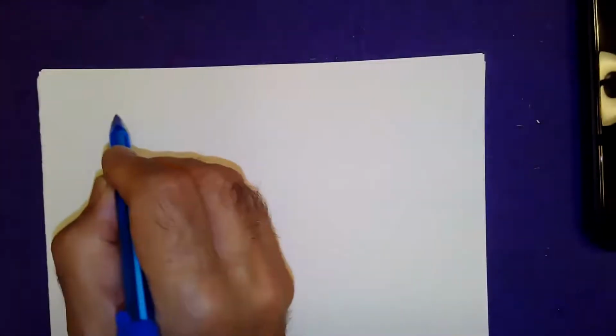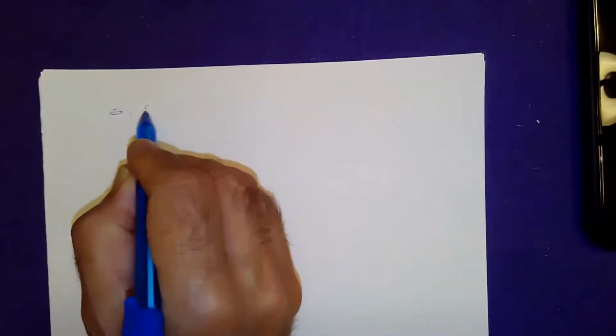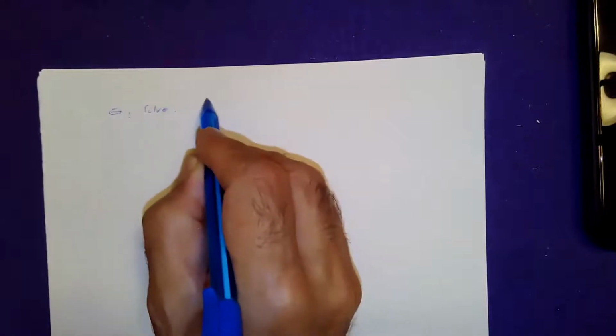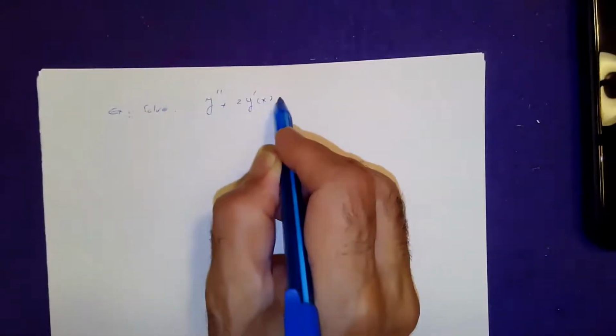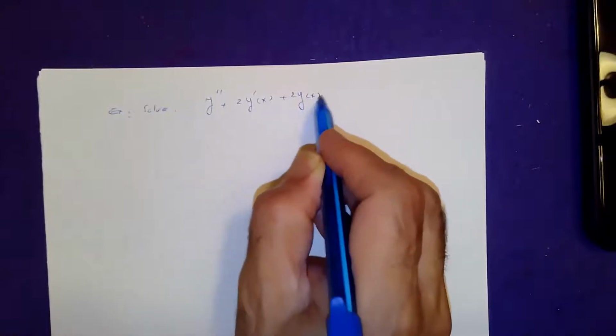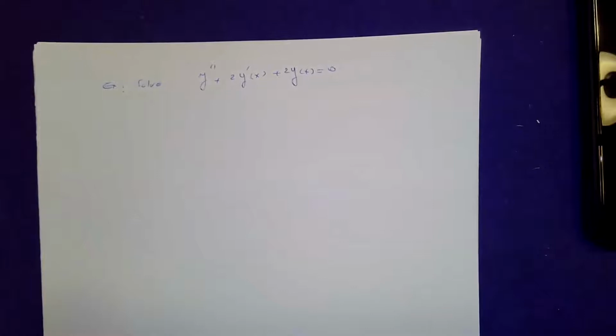Suppose the problem is: solve y double prime plus 2y prime plus 2y is equal to 0. Okay, there you have it.